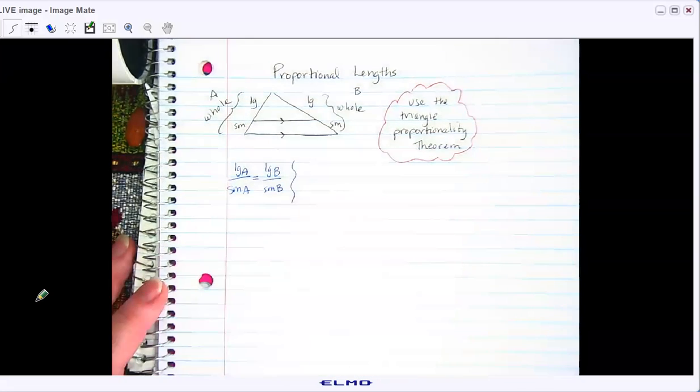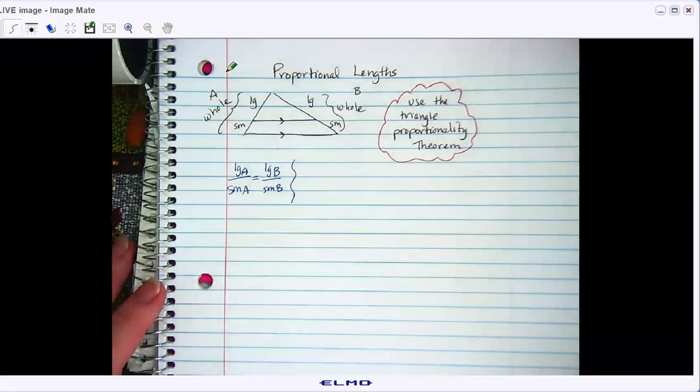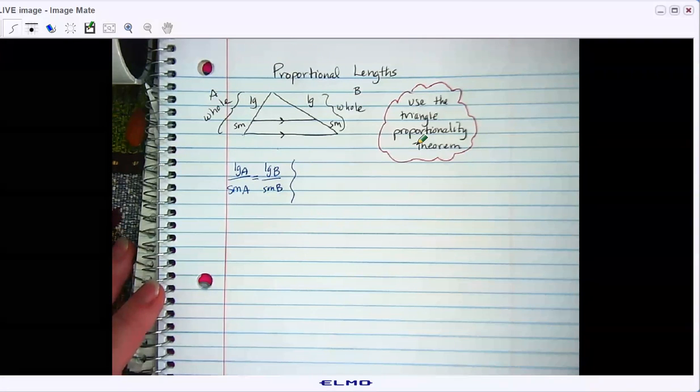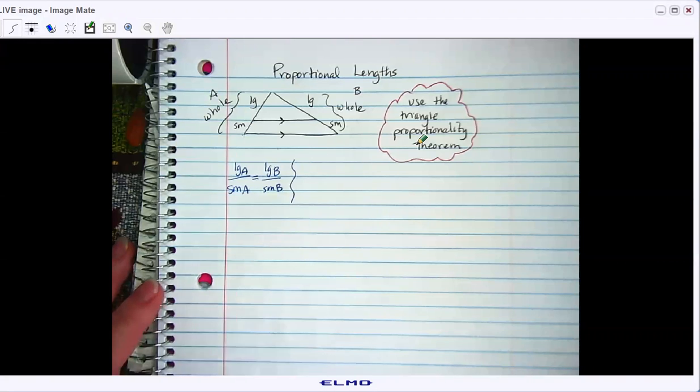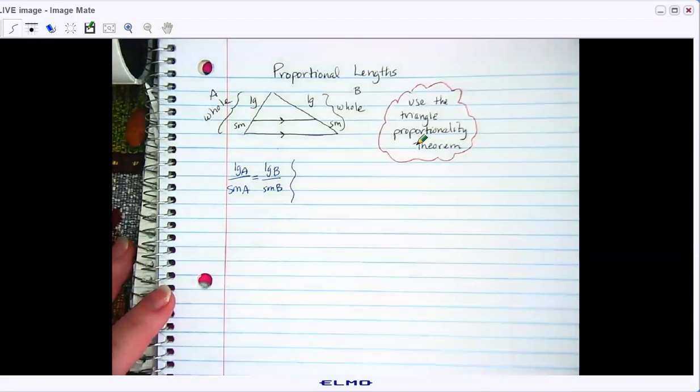The other, so we're just going to make comparisons.